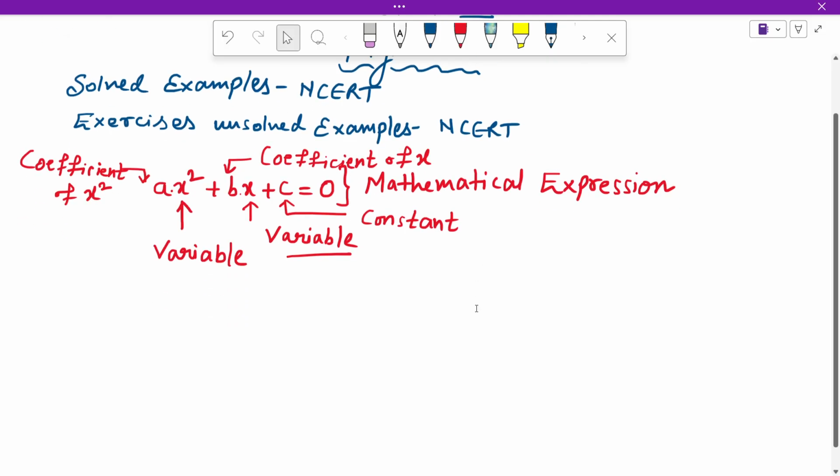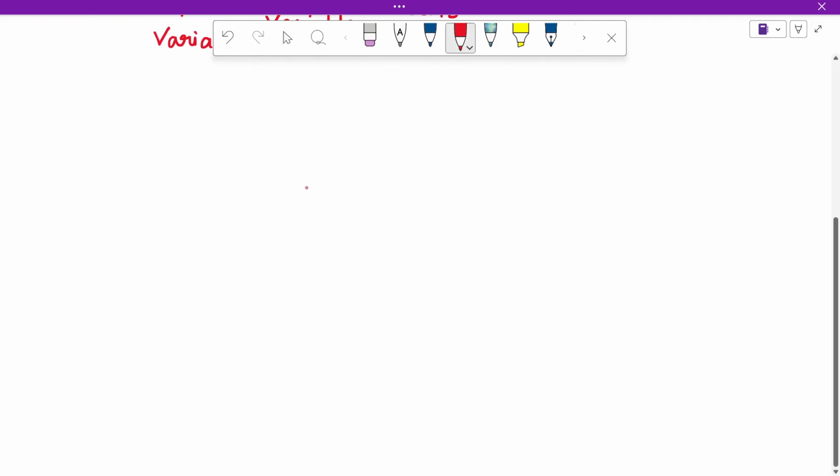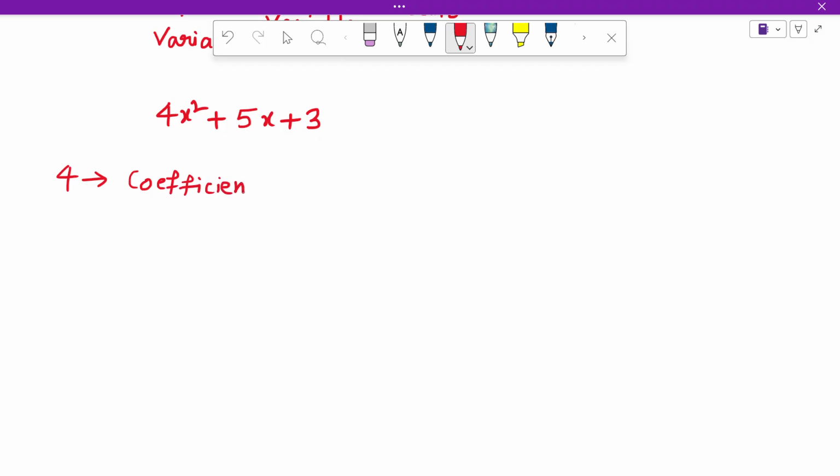So one more example, if I write something like 4x square plus 5x plus 3, then what will be 4? 4 is nothing but the coefficient of x square.